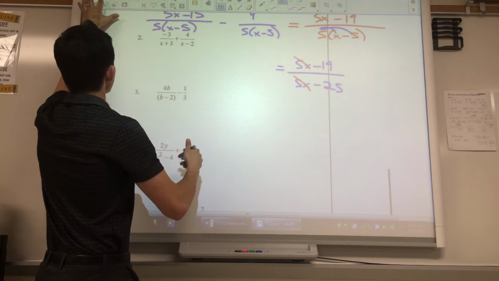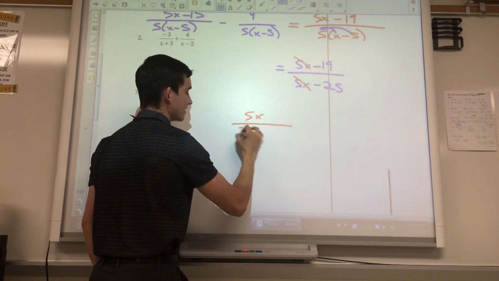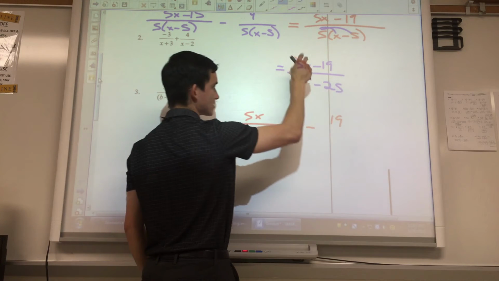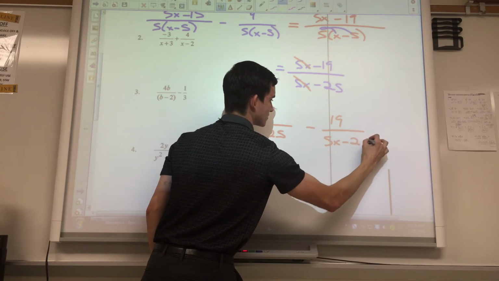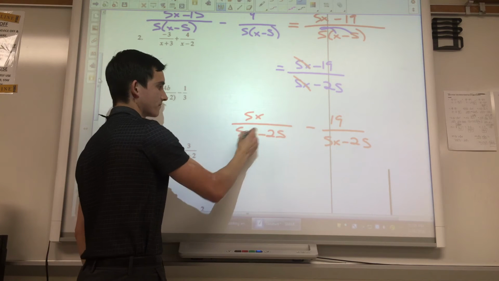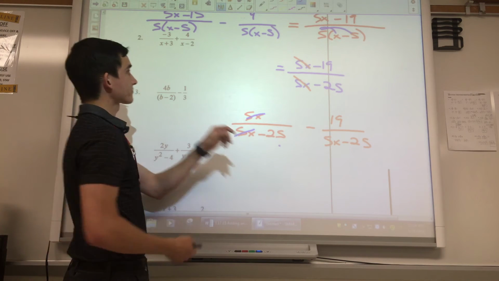So for example, this is actually the same thing as 5x divided by 5x minus 25 minus 19. Notice I'm just splitting the 5x and the 19 divided by 5x minus 25, okay? That's what that actually is. So you can't just cancel, you still have to deal with this minus 25 part, okay?